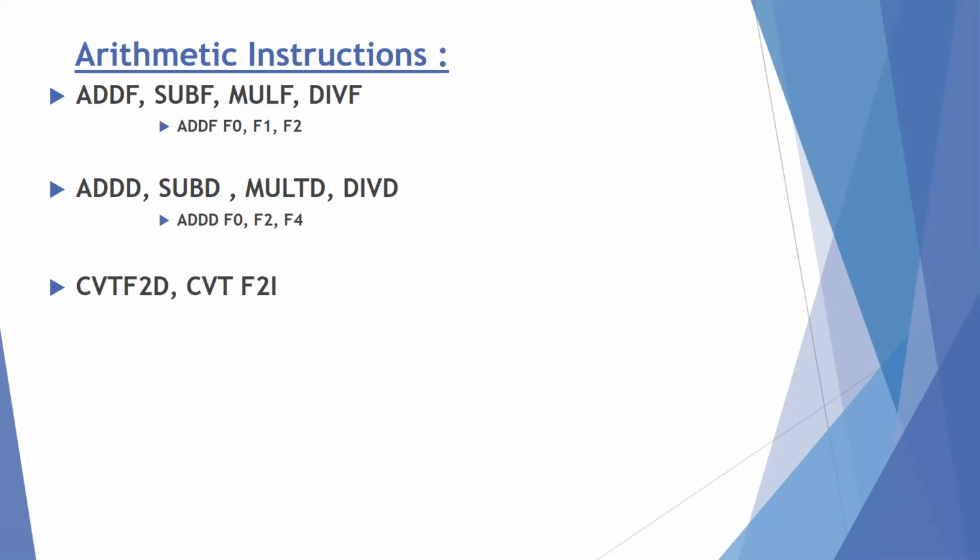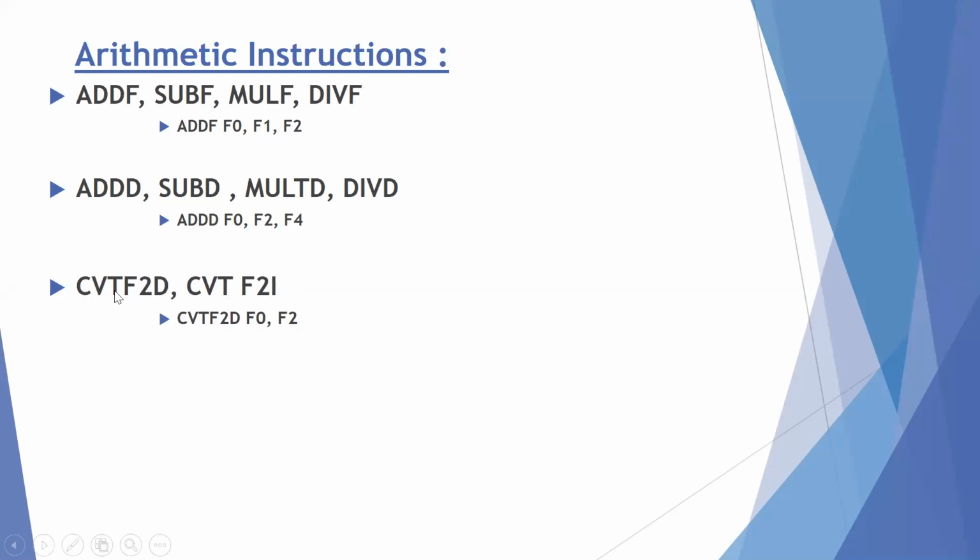Okay, let's come to the studies now. So the next instruction that we were discussing last time was convert floating to double and convert floating to integer. So as the name says, this instruction is going to convert. I'll just take the example.